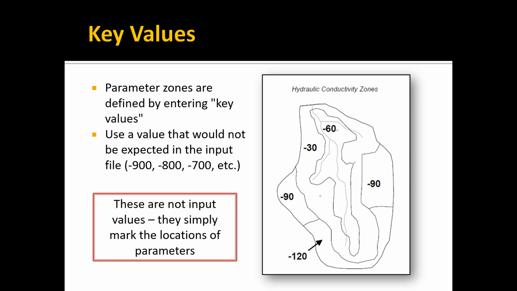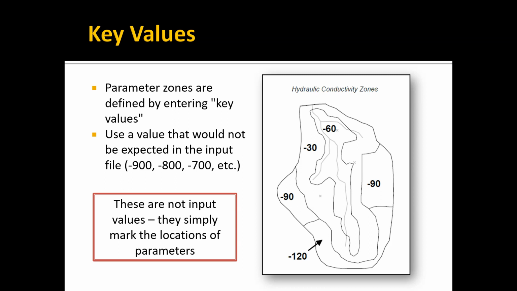So for example, if I have my hydraulic conductivity array defined through zones, I could put these negative values in, and then when we do map to MODFLOW, these values are assigned to the individual cells in the hydraulic conductivity array.